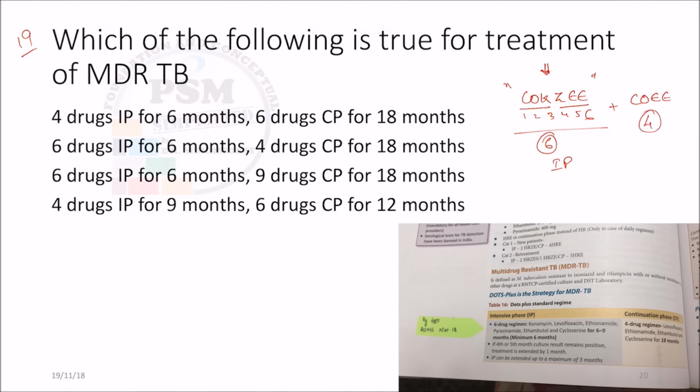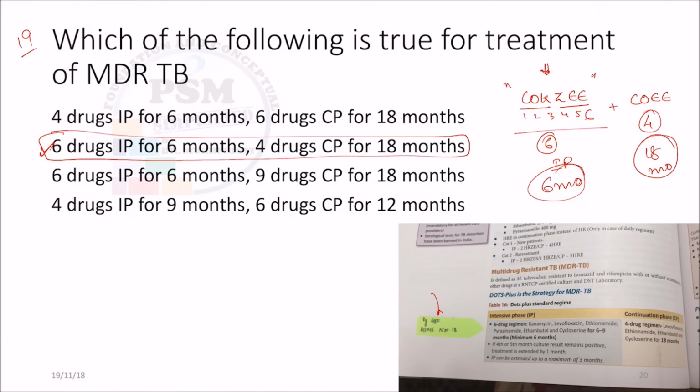So of course we are going to mark a very easy question. It is given 6 drugs for minimum 6 months, and then we give 4 drugs for 18 months. So that is the treatment we give for multi-drug resistant tuberculosis. Again, I'm happy to share page number 480 from our book. So it is 6 drug regime and 4 drug regime. So we would like to go with option number B.